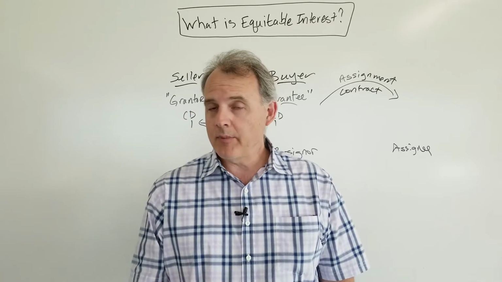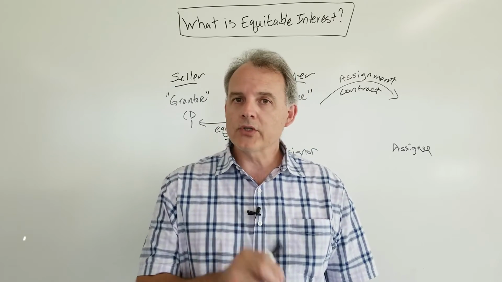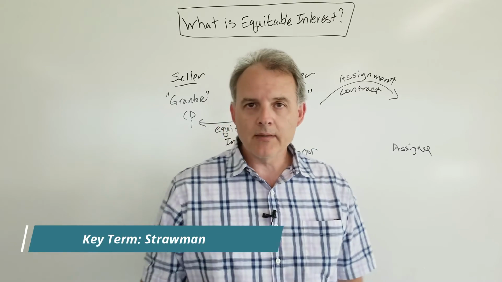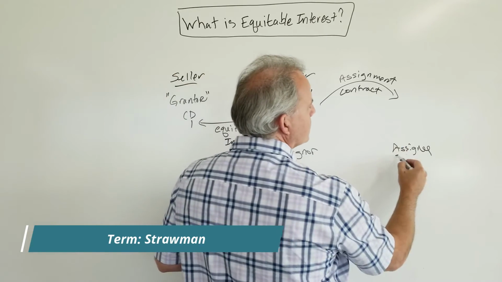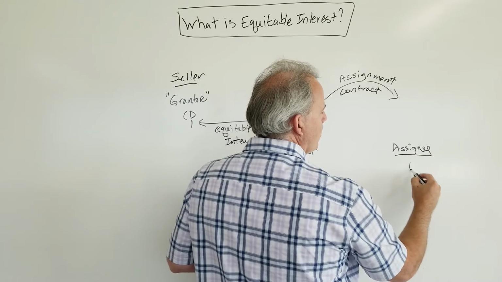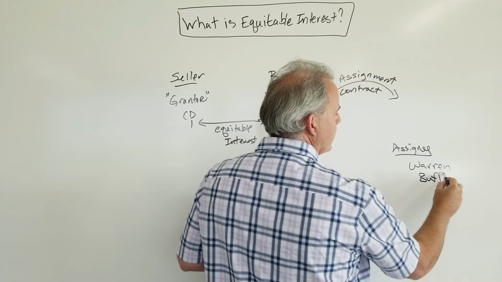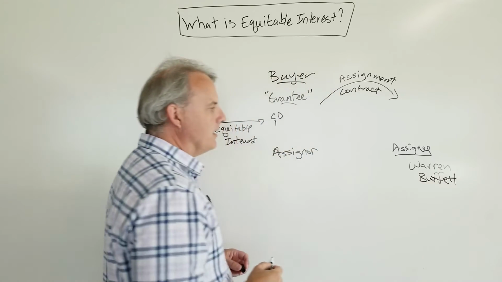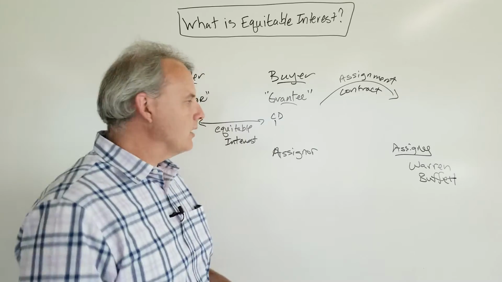Warren Buffett just wants to pay fair market value. So they can use a process called the strawman process to accomplish this. Let me show you what I mean. We know that the final buyer, the assignee, is going to be Warren Buffett. Again, Warren Buffett isn't going to go and ask, because the owner's going to want $300,000, $400,000 for that $50,000 house.